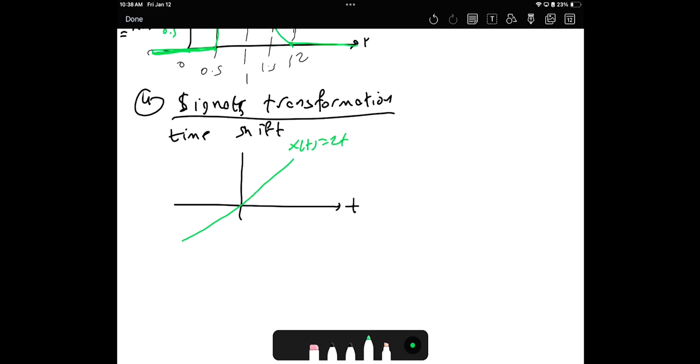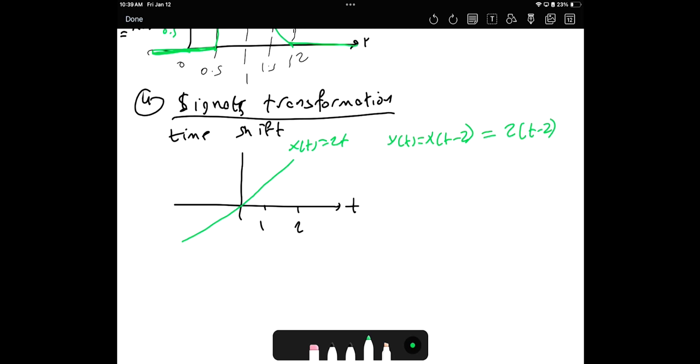Okay? So here is the origin, here is 1, here is 2, something like that. However, time shifts, if we use x of t, or if you assume y of t equal to x of t minus 2.